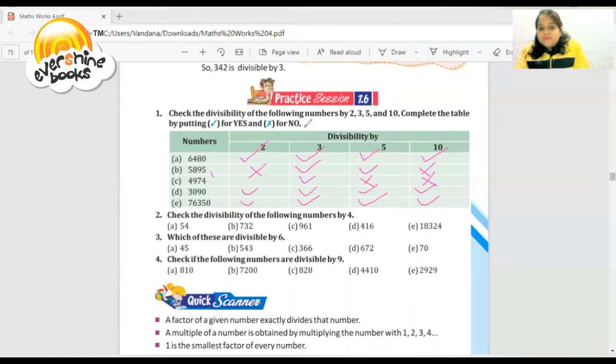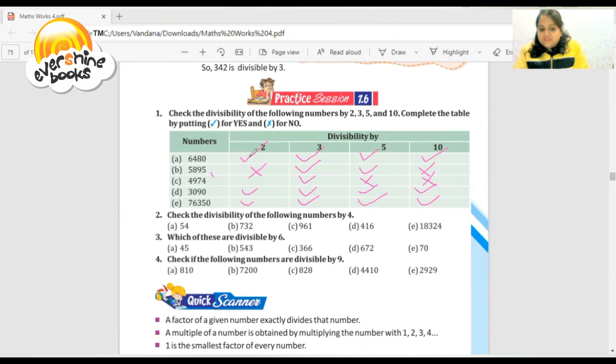Now students, come to this practice session 7.6 exercise. Check the divisibility of the following numbers by 2, 3, 5 and 10. Complete the table by putting yes or no. The number is 6480. It is fully divisible by 2, as the digit in one's place should be 0, 2, 4, 6, 8.